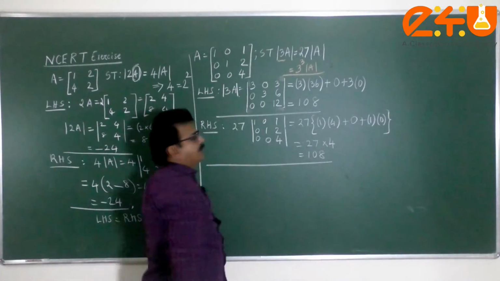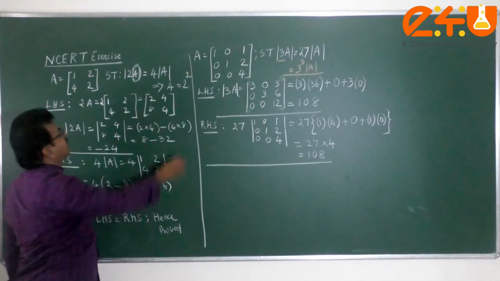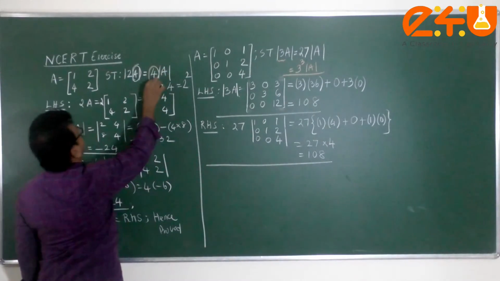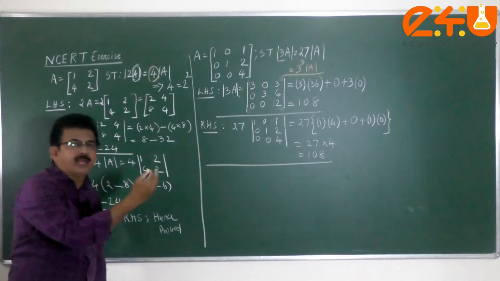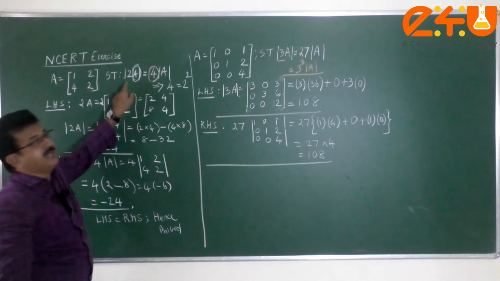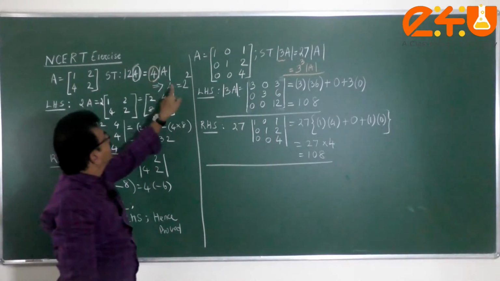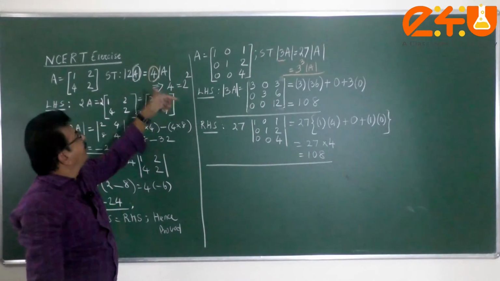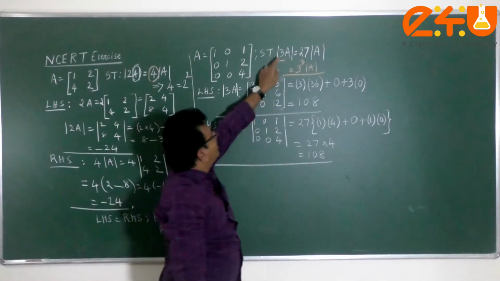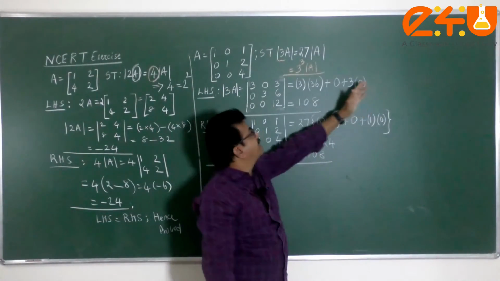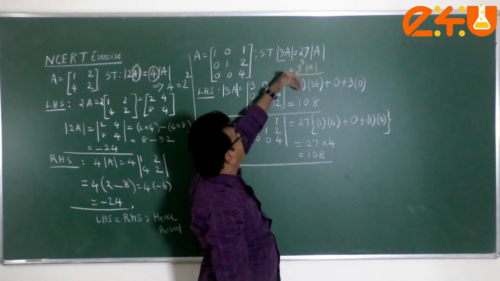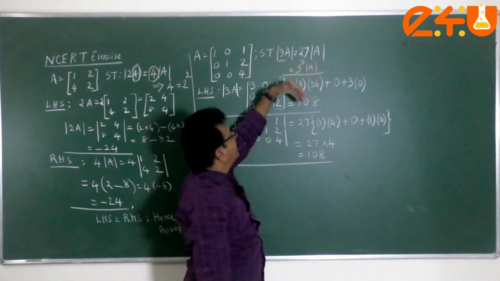So we find the determinant A multiplies by the multiplier squared, the scalar multiplier. The scalar multiplier in this case is 2, and the multiplier becomes 4. Similarly, if you choose scalar multiplier 3, the determinant gets multiplied by 3 power 3. Why 3 power 3?